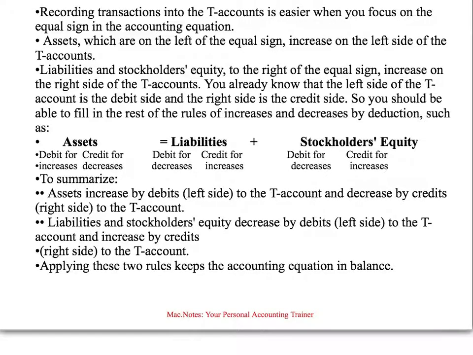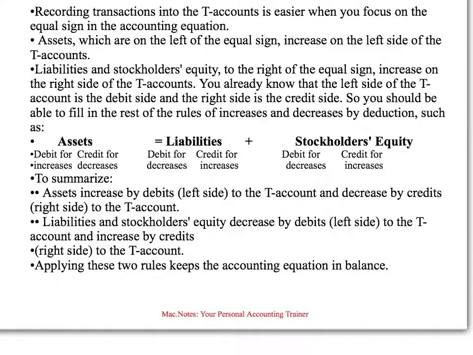Now, this might be easier if you focus on the equal sign in the accounting equation. You notice that assets are on the left-hand side of that equal sign, liabilities and shareholders' equity on the right-hand side. So you know that the left side of an account is called a debit and the right side is the credit.